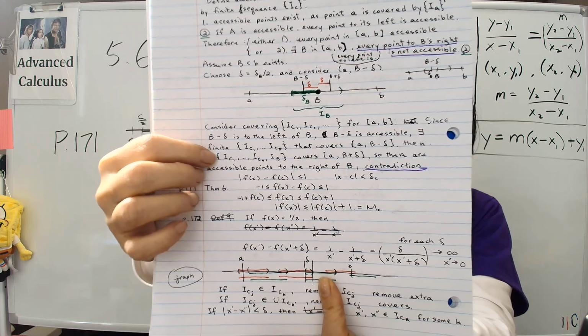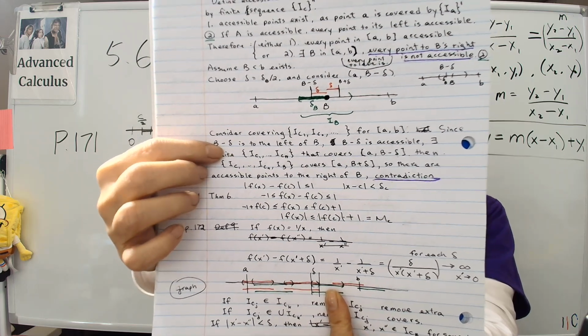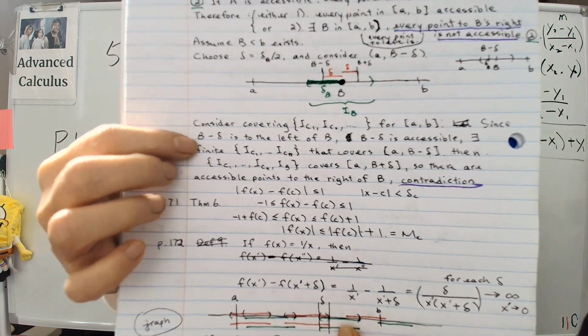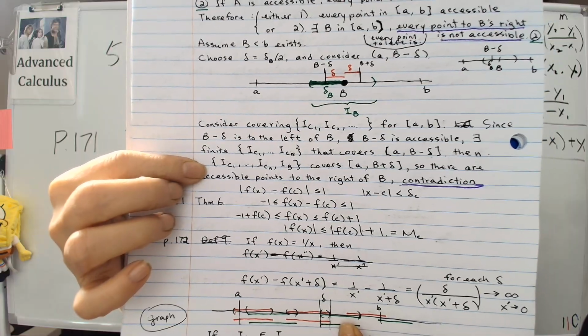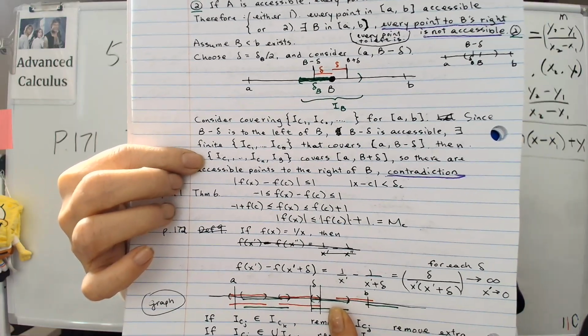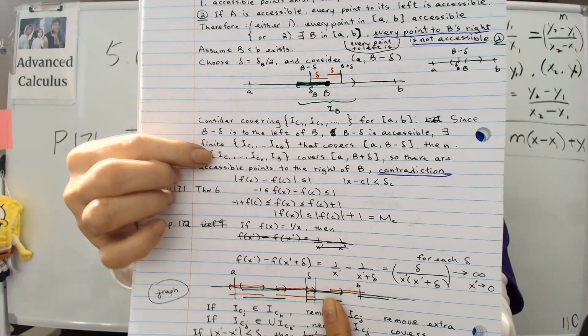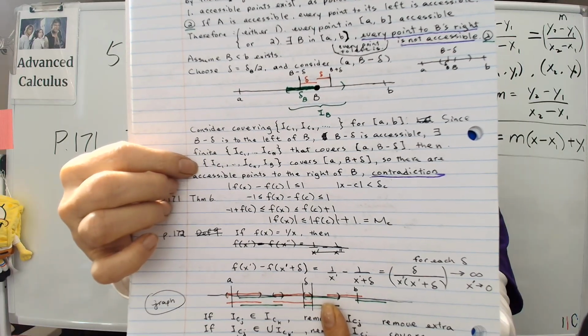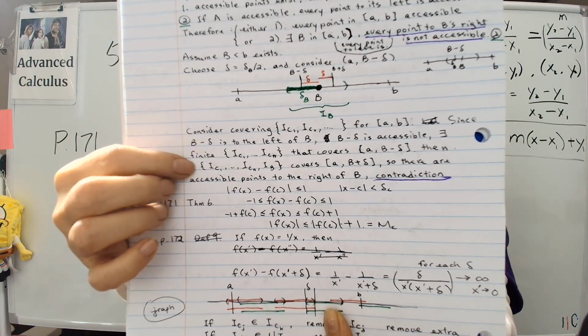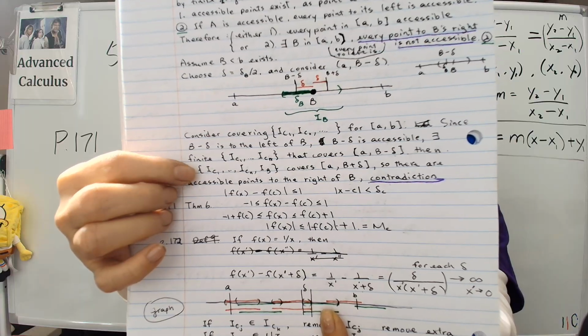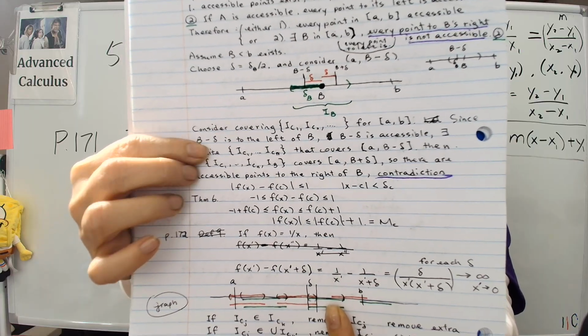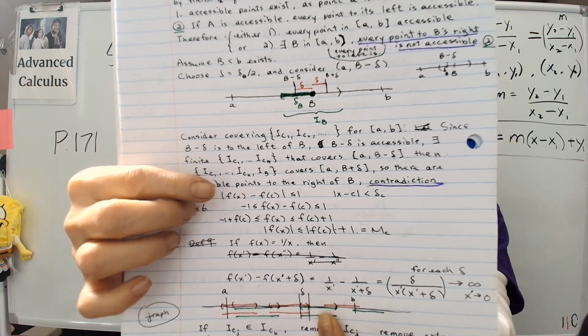And we call that IC1 to ICN. And then we toss in the IB, that is the cover that covers B. So we create a new collection with one more member, and one more cover, and that covers from A to B plus delta, right?